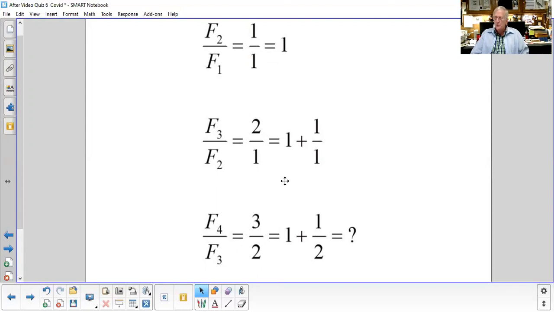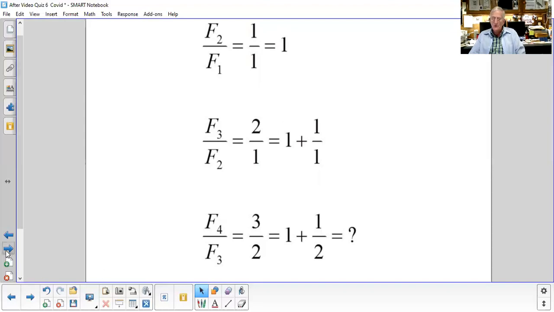So if you want to put 2 over 1 together, where this 2 is here, you could take this piece right here, 1 plus 1 over 1, and replace it where this 2 is right here.